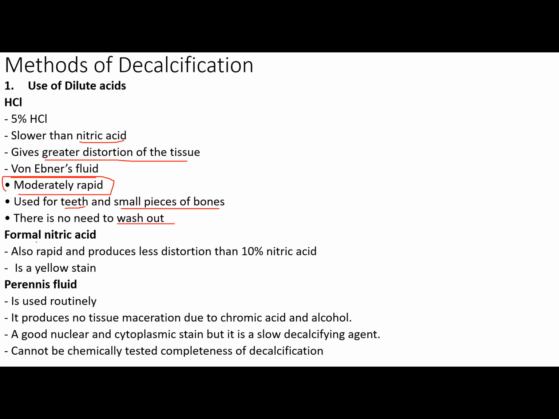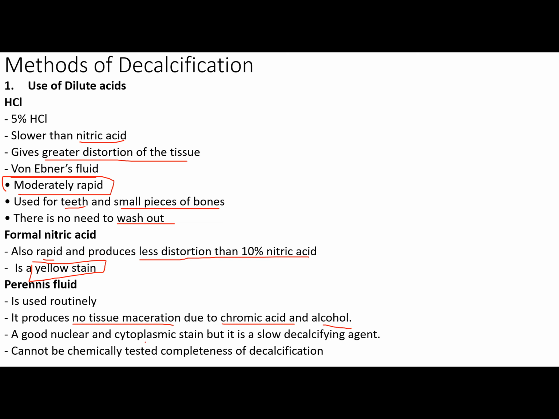Then another one is your formal nitric acid. This is also rapid, class, and produces less distortion than 10% nitric acid, but is known to produce a yellow stain. Then we have your Perenyi's fluid, used routinely, produces no tissue maceration due to chromic acid and alcohol.